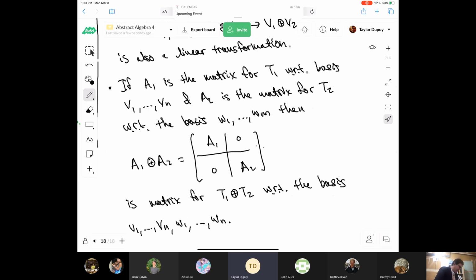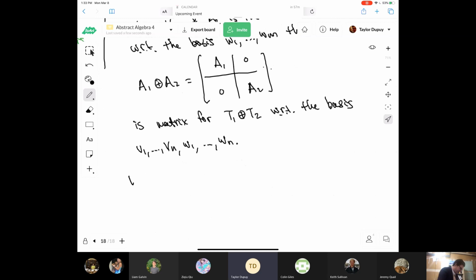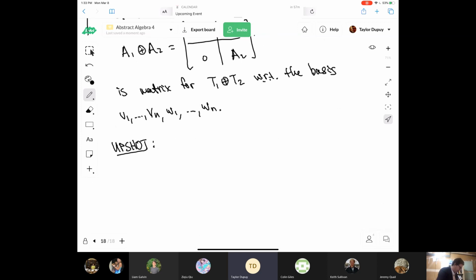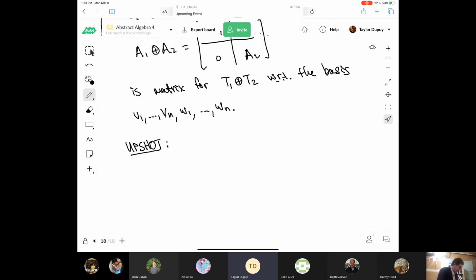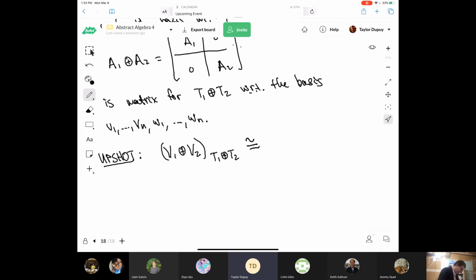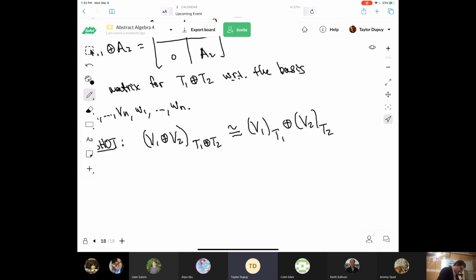So the upshot of this is that if I do V1 direct sum V2, T1 direct sum T2 is isomorphic to V1 with T1 direct sum V2 with T2 as F[t]-modules.